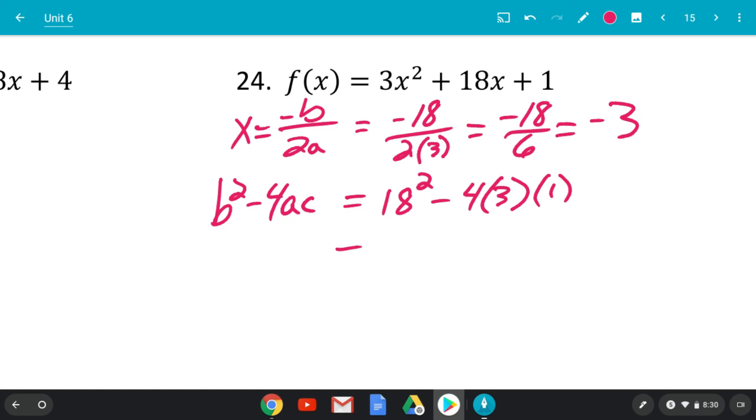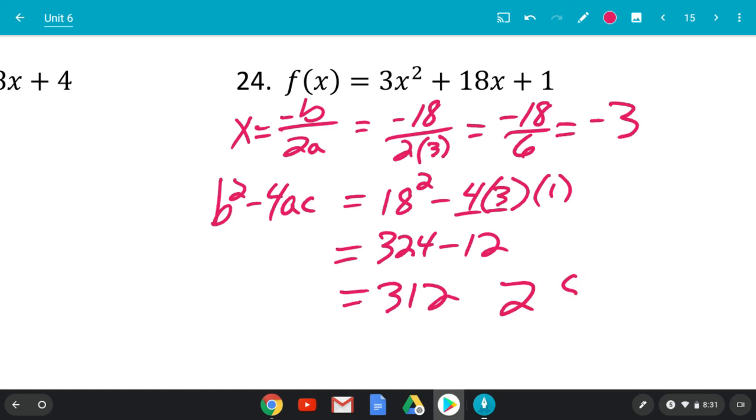I don't know what 18 squared is. Anybody? 18 squared, yes? 324. 4 times 3 is 12, times 1 is 12, so that's minus 12. So that's 312, which is positive. Therefore, it has 2 solutions. Any questions on the back?